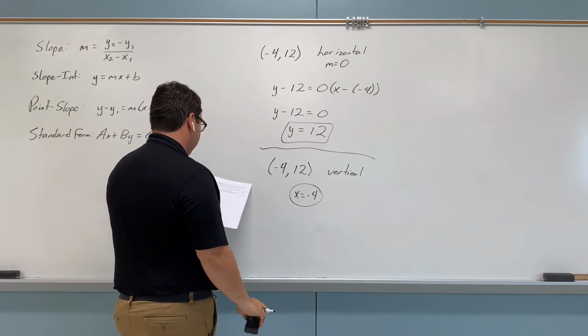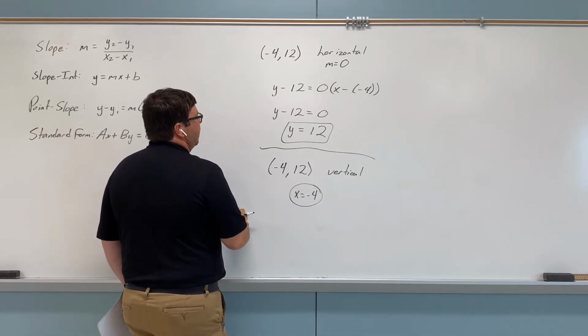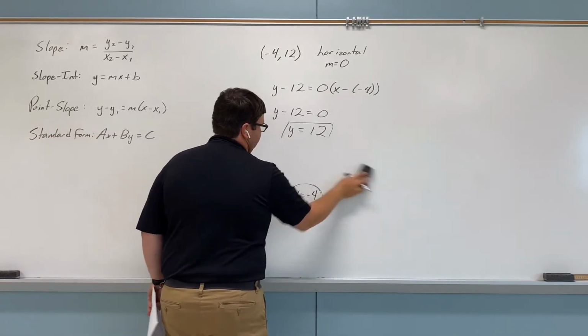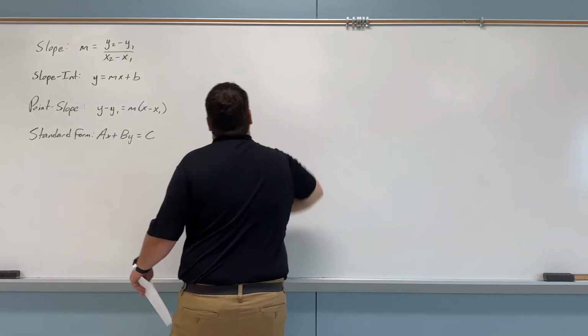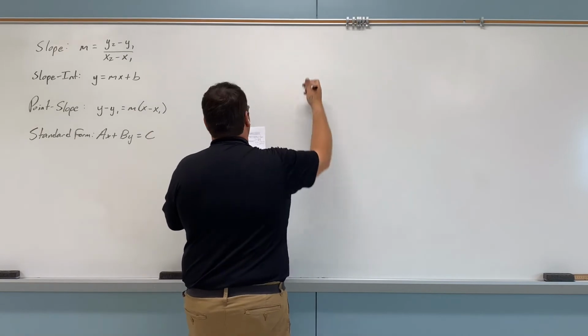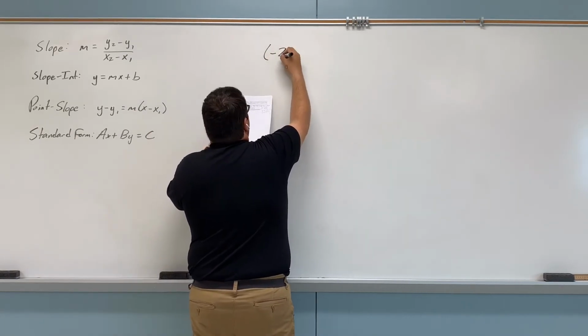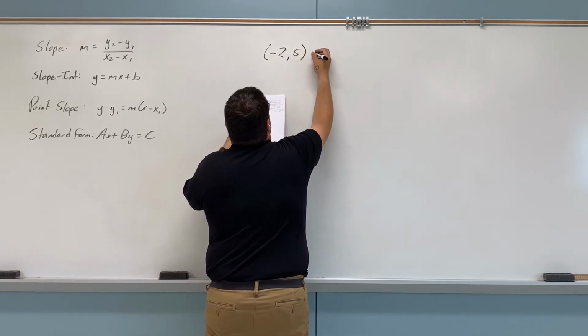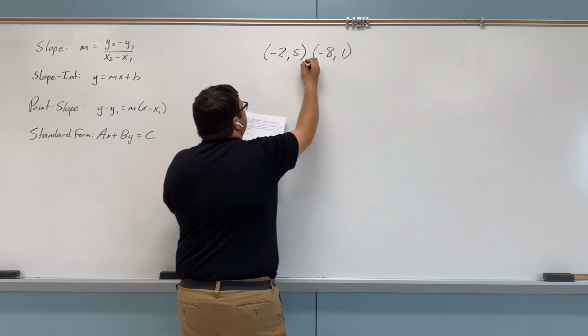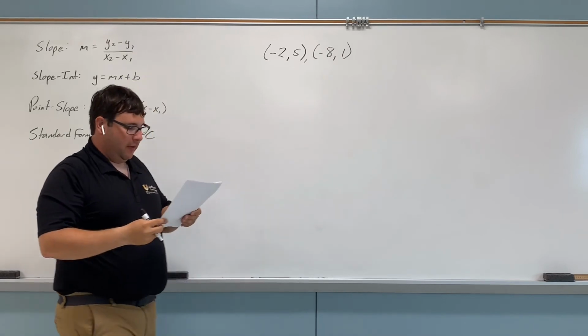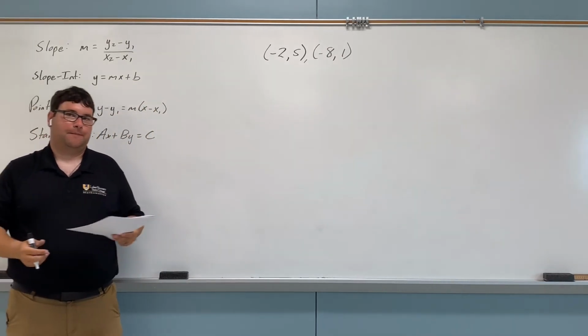All right, let's step up the challenge, shall we? Let's step it up in the sense that I'm not going to give you a slope. Let's say that you have 2 points.